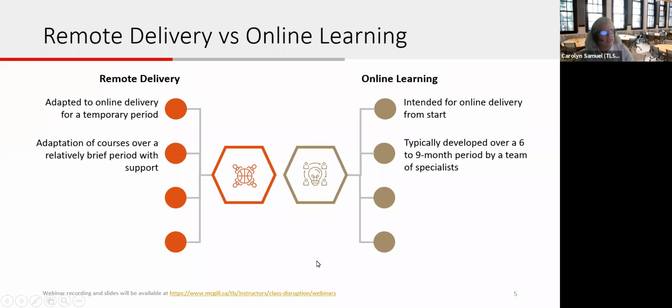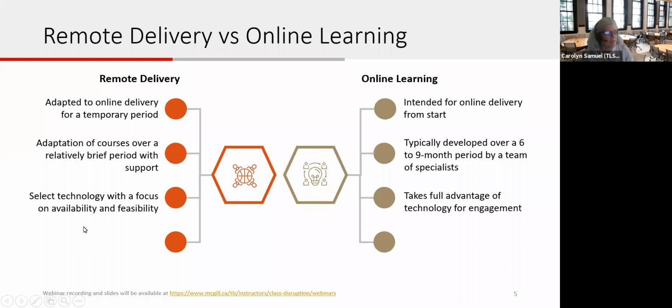So in our context, remote delivery, we're going to adapt our courses, and we have a relatively brief period to do that, and you're going to have some support to do that, largely from TLS, perhaps from IT as well, and we hope from your colleagues and any other resources we can draw on. Online learning has a dedicated team typically that works for 6 to 9 months to develop a truly online course. That's not our context. We're over here with remote delivery.